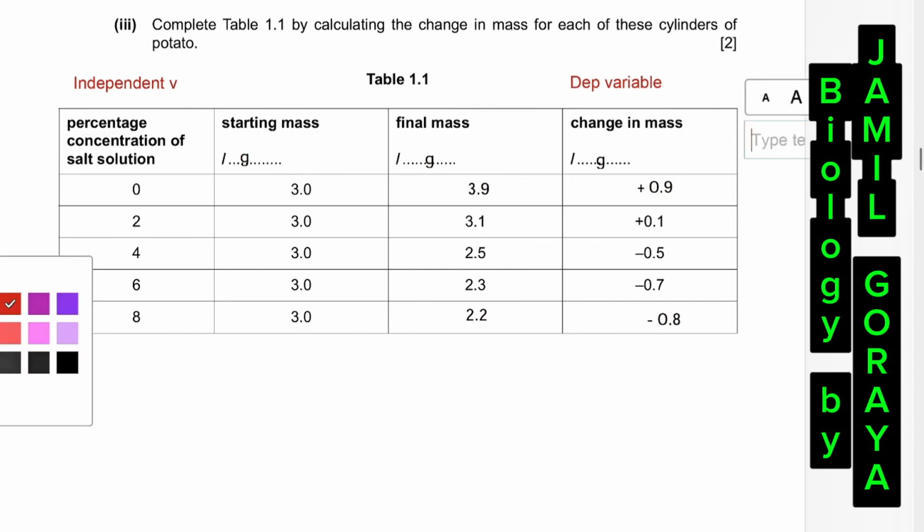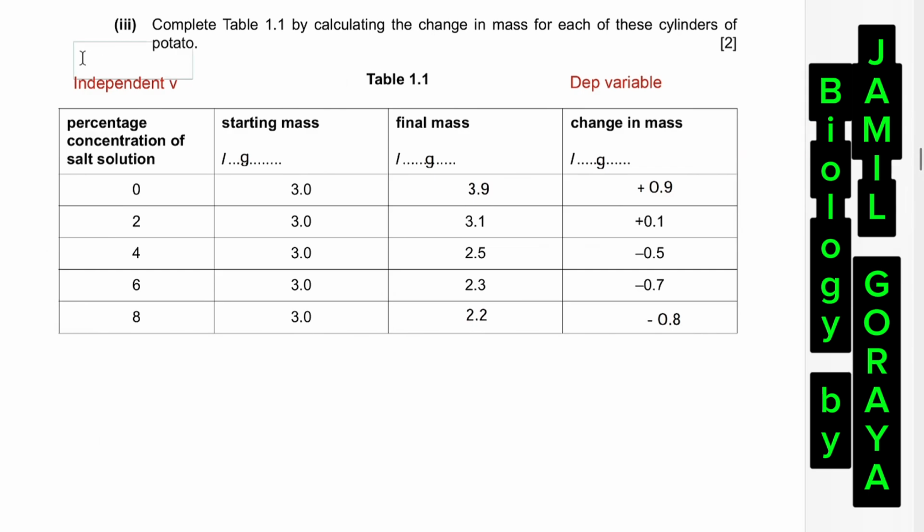As we know, the independent variable is always plotted on the x-axis, and the dependent variable will be plotted on the y-axis. So the next step is, for the first mark in graph making, labeling the axis.